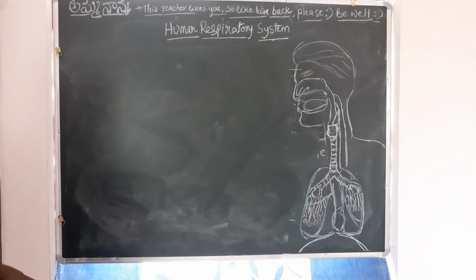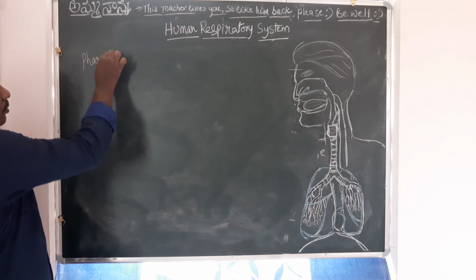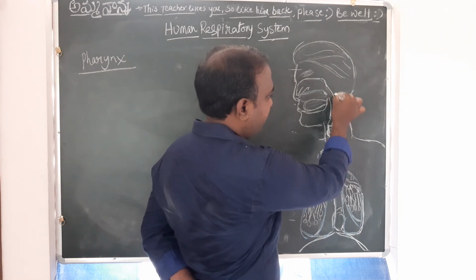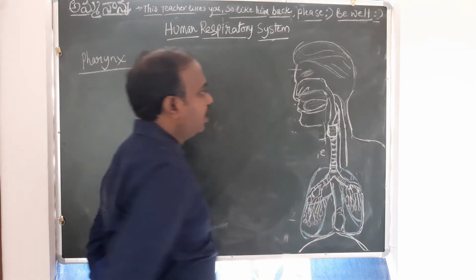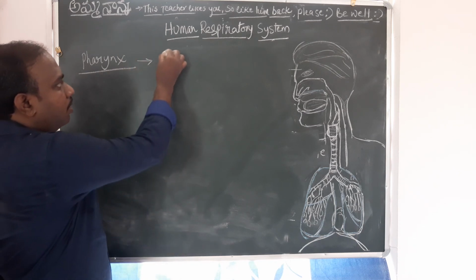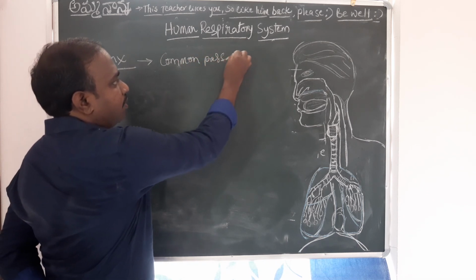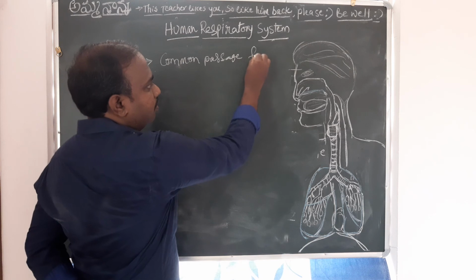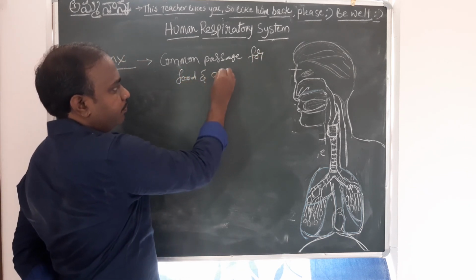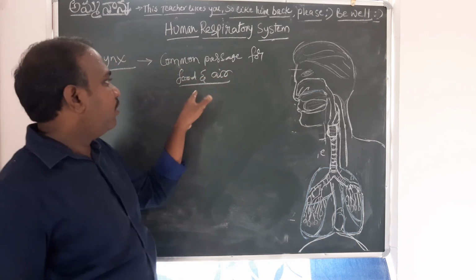So the next one that we have is the pharynx, right? This entire area that we have here is the pharynx region. Obviously we know the pharynx is the common passage for food as well as air, right?